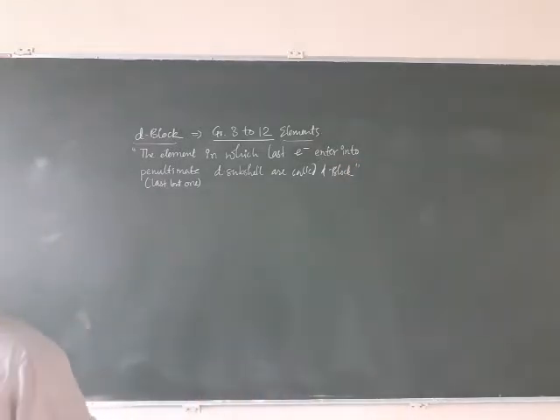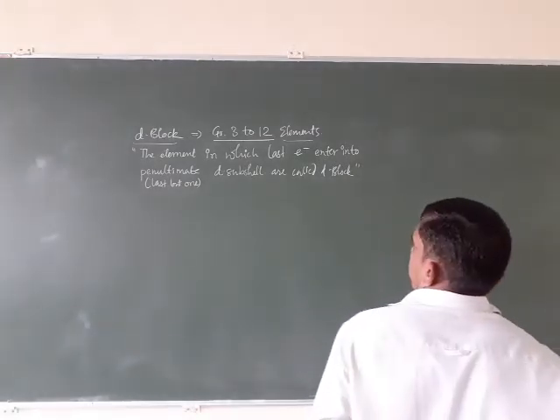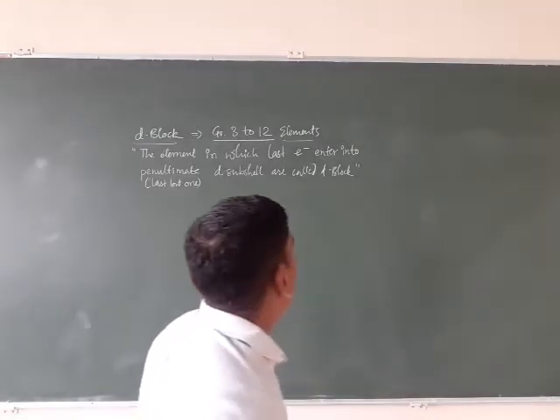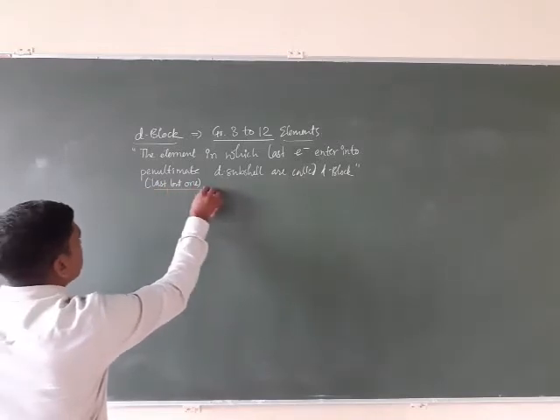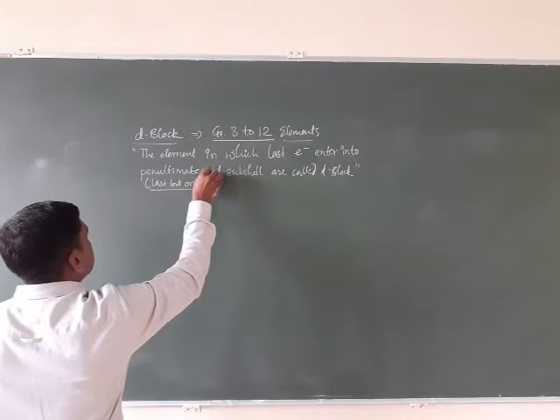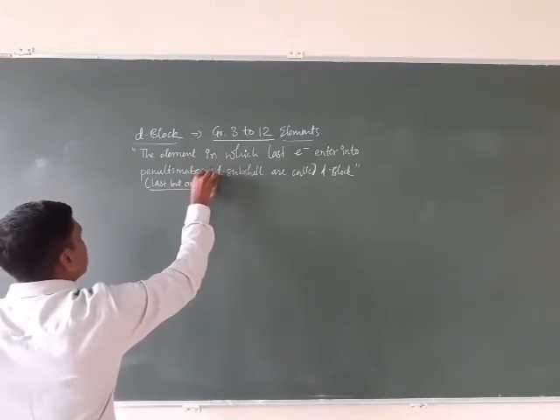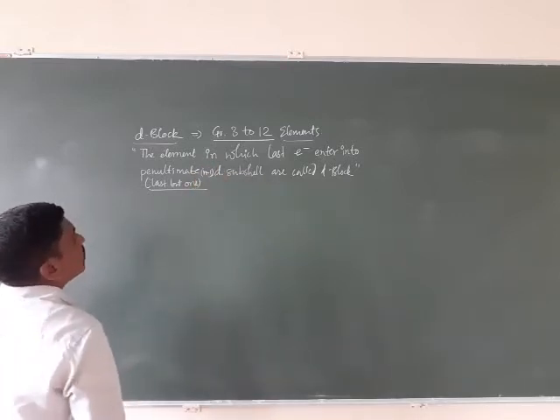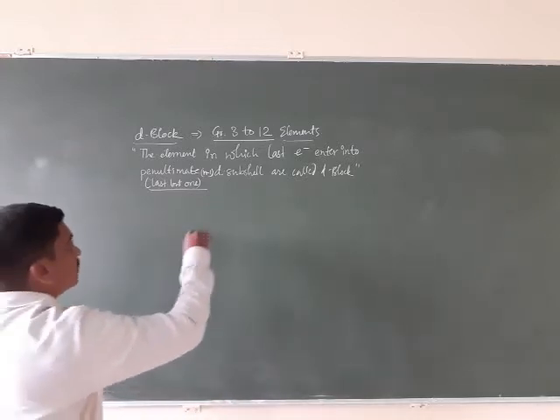So whenever an electron enters into the penultimate d subshell, it is called a d block element. This penultimate is nothing but (n-1)d. Penultimate shell, which penultimate? The (n-1)d subshell. So what is n?